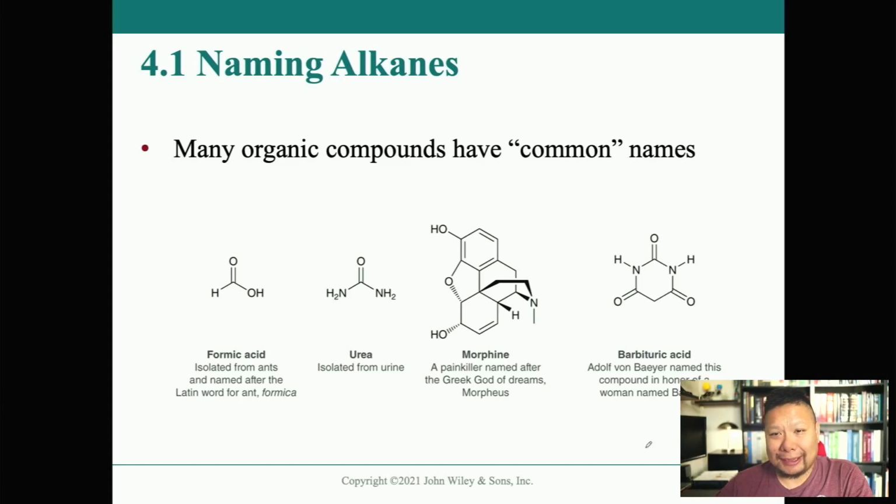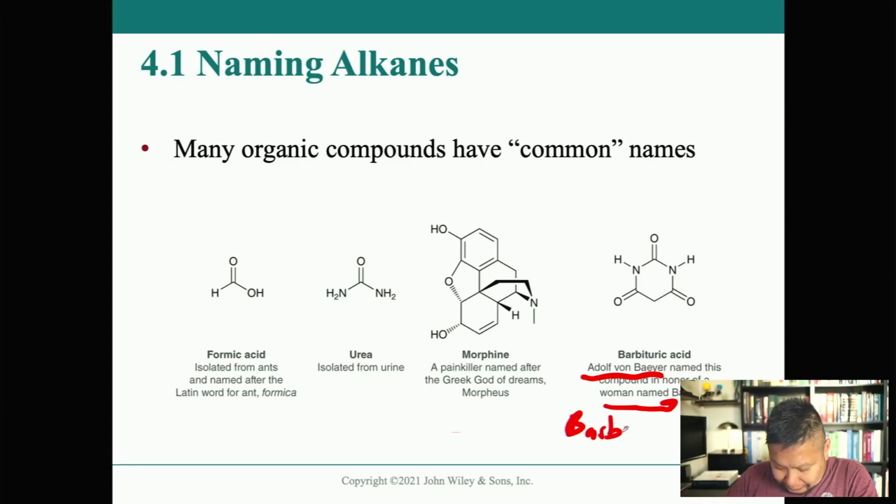So chemists, back in the day, were naming molecules as they found them. For example, this guy Adolf von Baeyer, the founder of Bayer Pharmaceuticals, named barbituric acid here after a woman named Barbara.